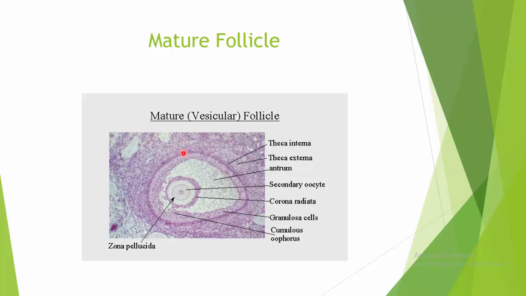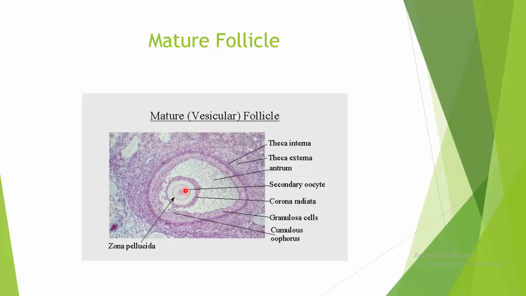Okay, here's a mature follicle. You see you have all this extra associated cells with the ovary. Okay, see what it says, it's a secondary oocyte. That's the stage of development in oogenesis right before the egg. It becomes an egg after it's ovulated.